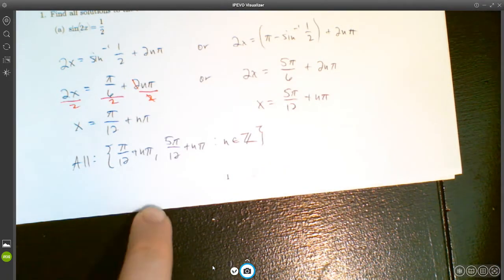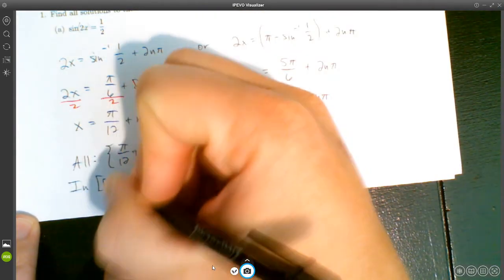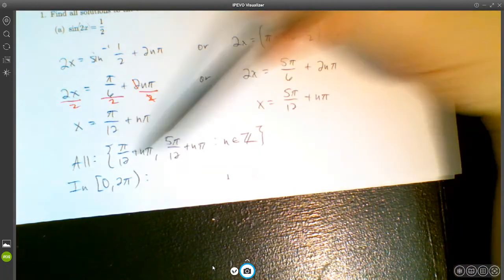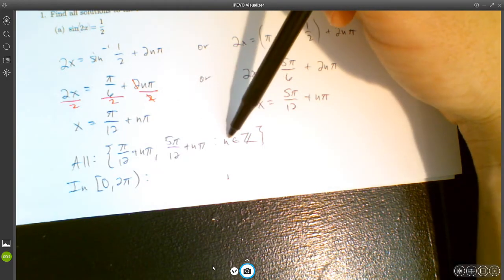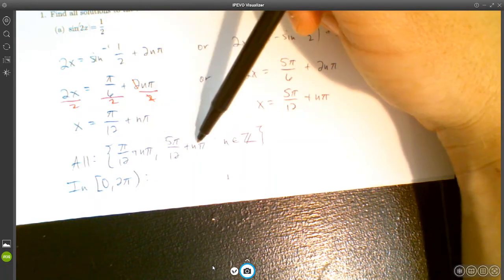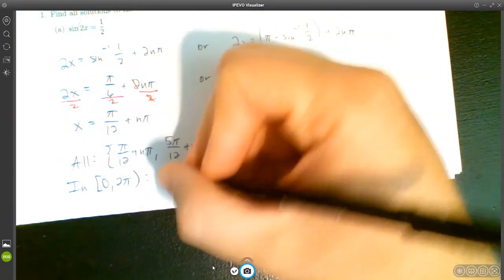Now, if we're only interested in the solutions that live in the interval from 0 to 2 pi, then we would intersect this set with this interval. In other words, we can take turns plugging in numbers for n into these two rules, and then we're going to write down only the ones that are between 0 and 2 pi.